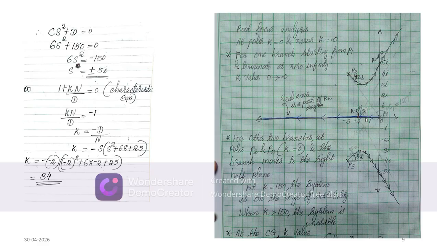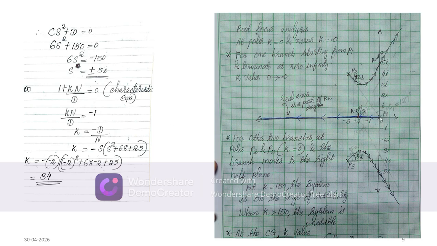So above 0 and below 0, the same way we can plot the diagram. So this is actually the root locus diagram, and we can check the stability using Routh-Hurwitz and the root locus diagram.